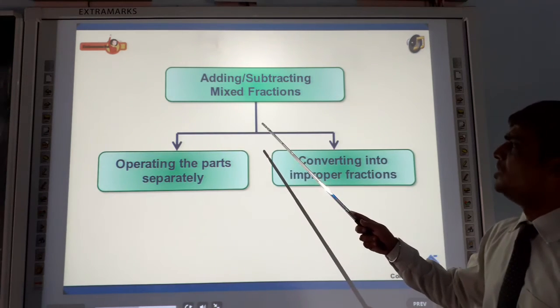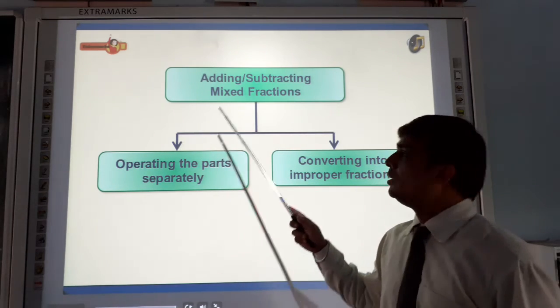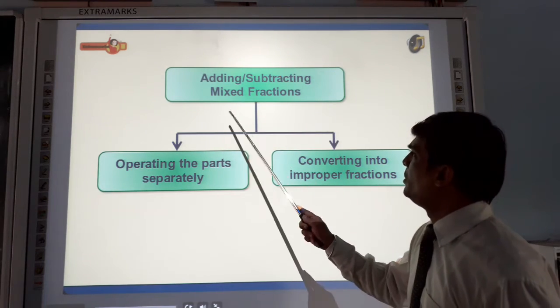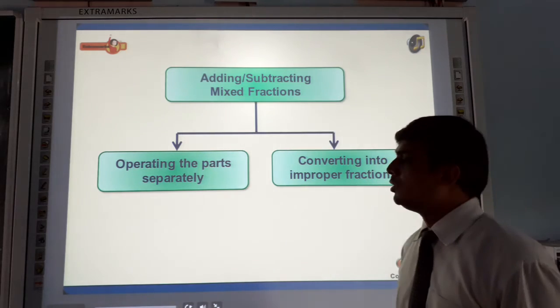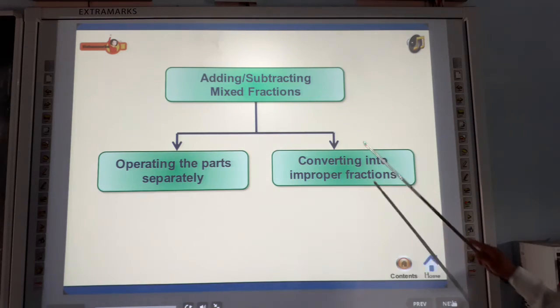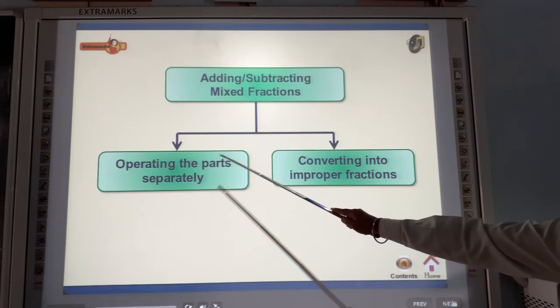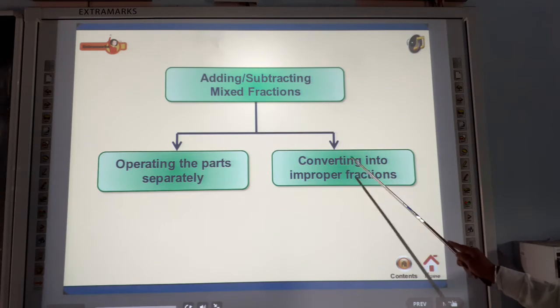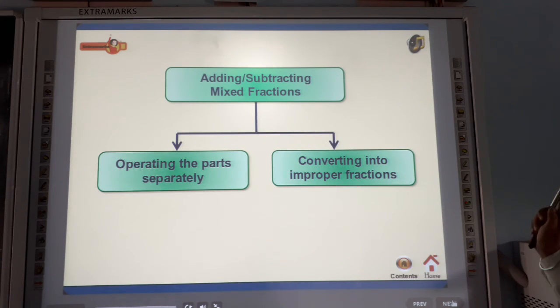Now next topic is adding and subtracting mixed fractions. Show the flow chart. Operating the parts separately and converting into improper fractions.